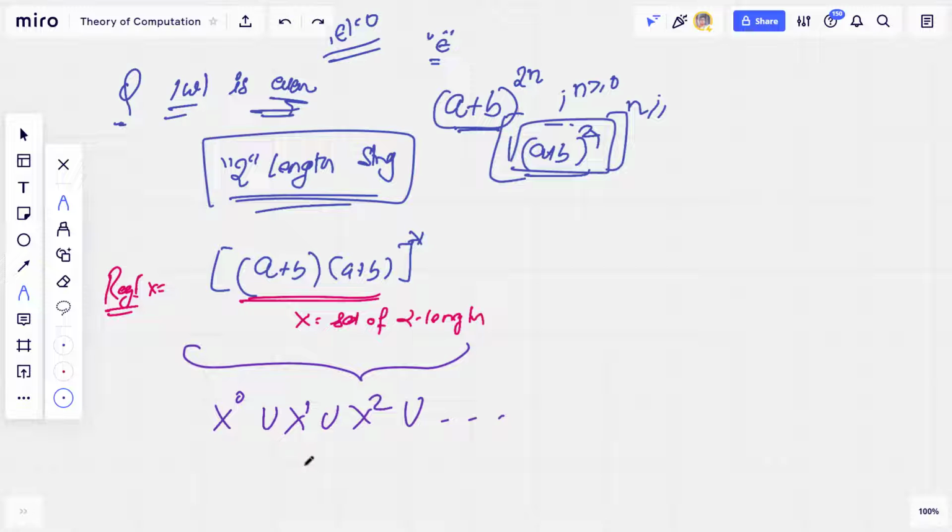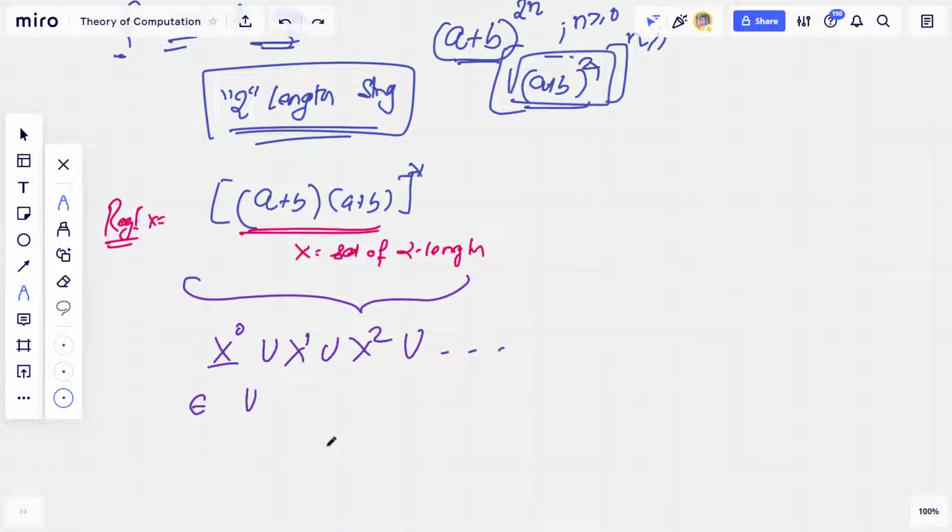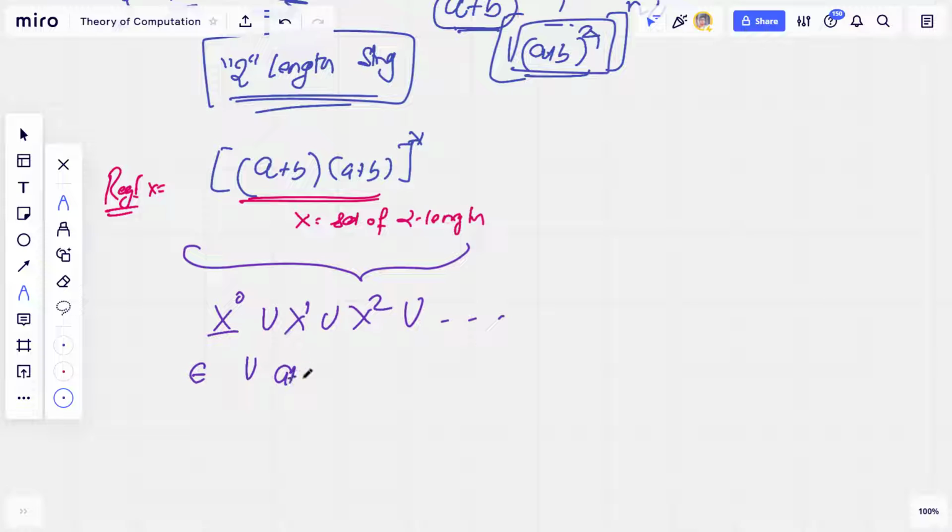You can go on and on. So what is x power 0? It is simply epsilon. What is x power 1? It is simply the 2 length strings. Or let me write one more step here. What is x power 1? It is actually (a plus b) into (a plus b) power 1, right? Or what is x square? It is actually (a plus b) into (a plus b) power 2.